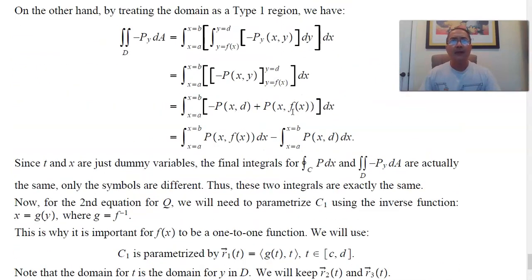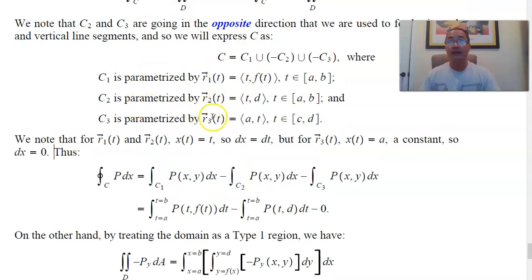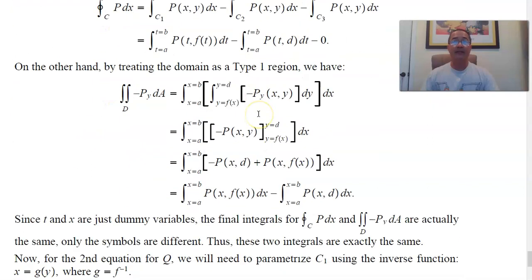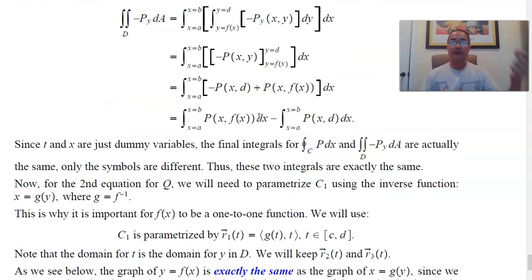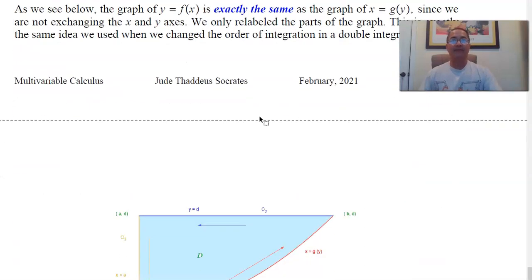R2 and R3, are they going to change? Here is R2, here's R3. Ooh, y is a constant here, so dy is going to be 0 for R2. dy is going to be dt for R3. Yay! So just like in our first pair for p's, one of the integrals is going to go away.